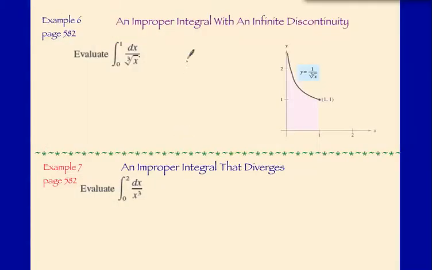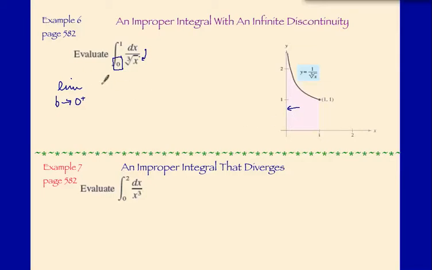Here we have an improper integral with an infinite discontinuity. We can look at this function and recognize that there's an infinite discontinuity at 0. So let's say the limit as b approaches 0, in this case positively, because we can't just be approaching 0 from the left and the right. This is an asymptote after all, and there shall we not pass.